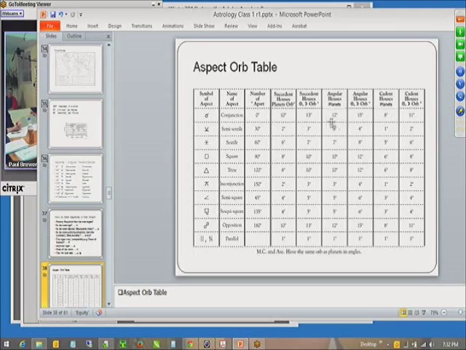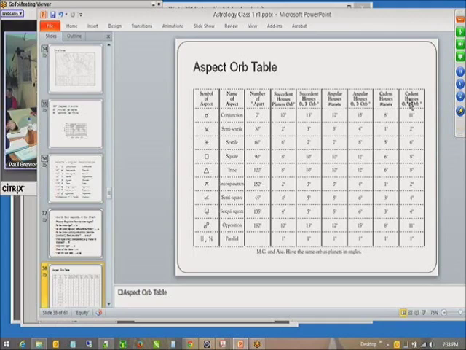So the sun and moon have bigger orbs than the planets do. What this does is it's got succeeding houses, which are medium power houses here. Then it's got the angular houses, and then it's got cadent, which are the weakest houses. The cadent houses are the 12th, the 9th, the 6th, and the 3rd house.